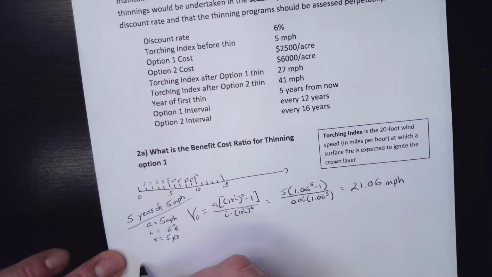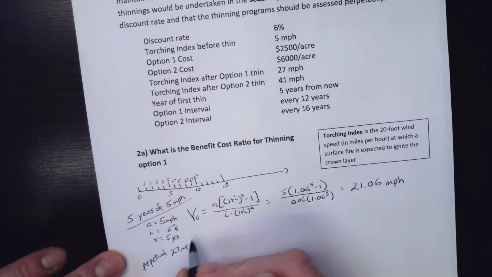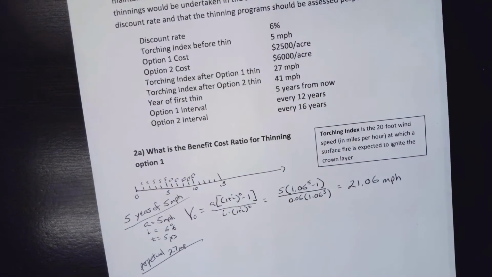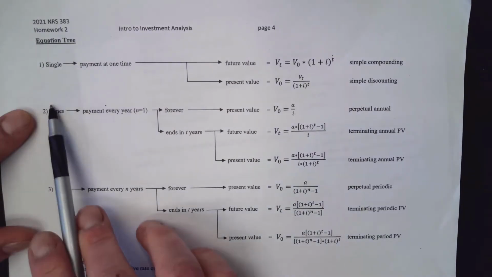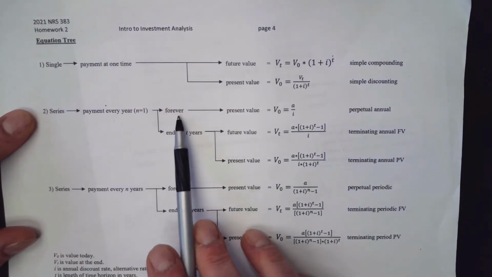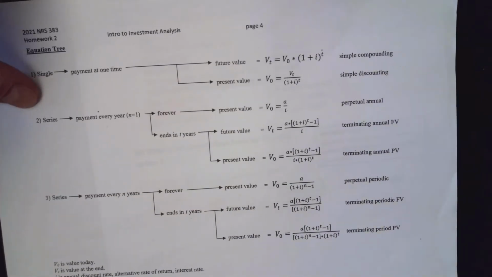Okay, now we need to do the perpetual 27 miles per hour. Right, so we're going to get 27 there. And in that one, if we go here, again, this is going to be an annual torching index that goes on forever, and it's this little guy here.